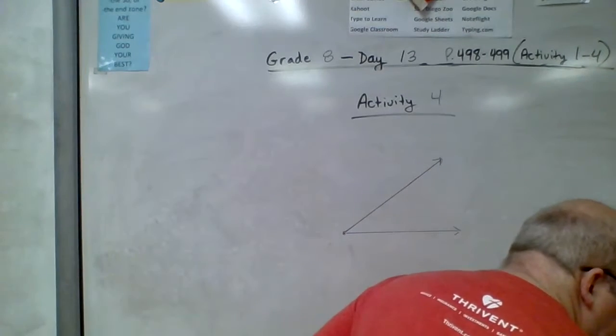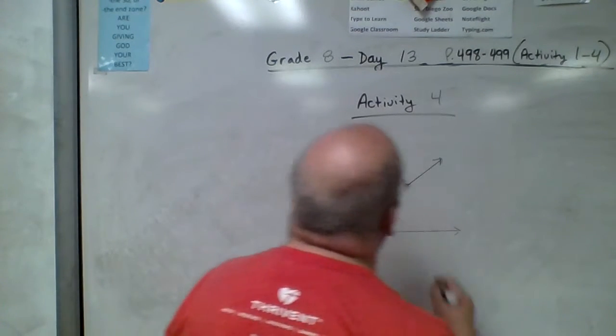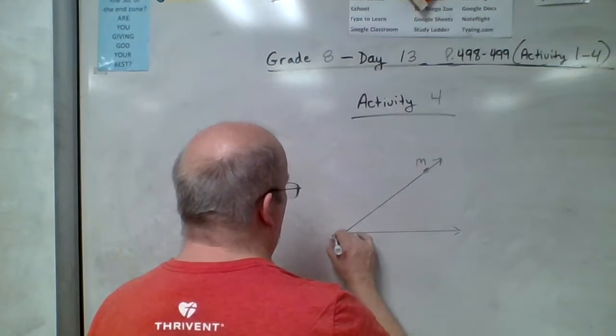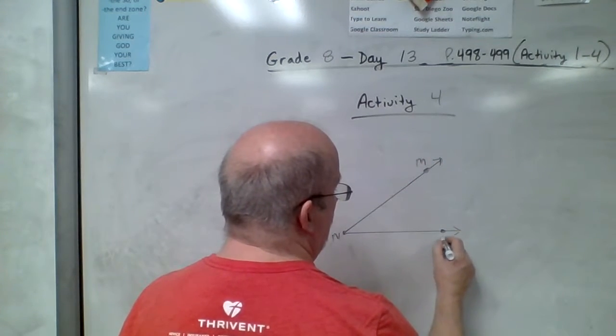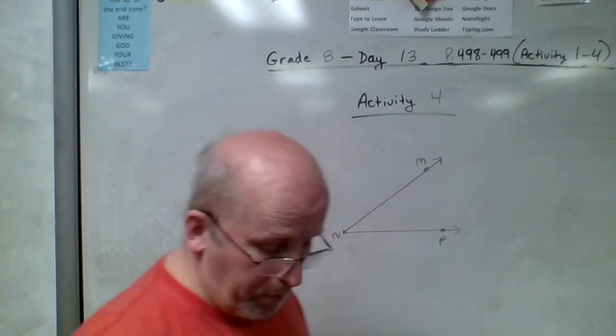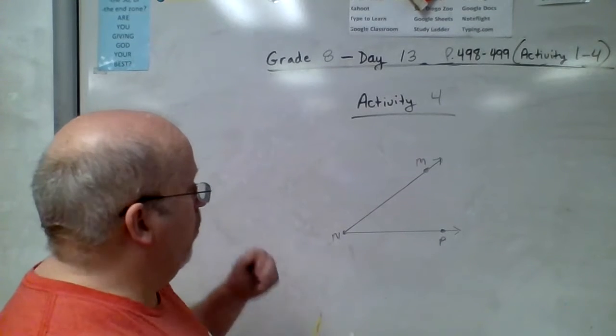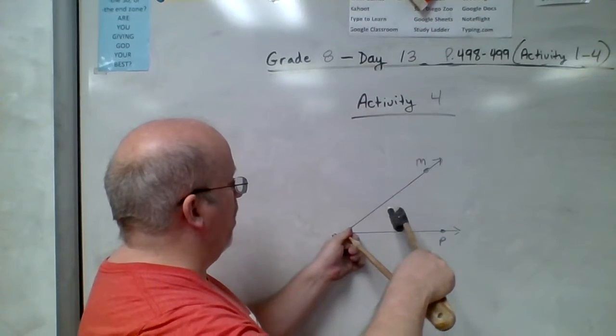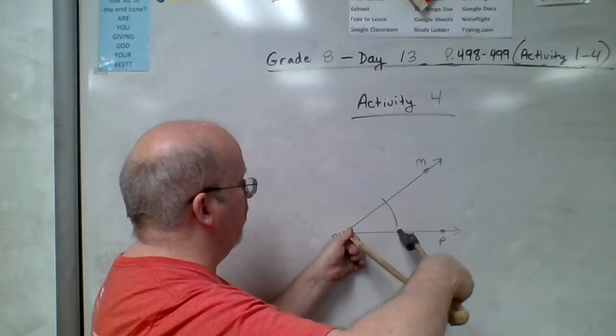They are calling their angle MNP. So we'll do the same. Then we're going to grab our compass, and we're going to draw an arc. Doesn't have to be too big or too small, just a reasonable size.